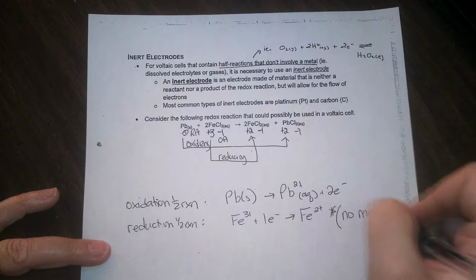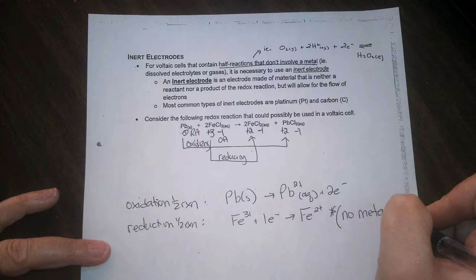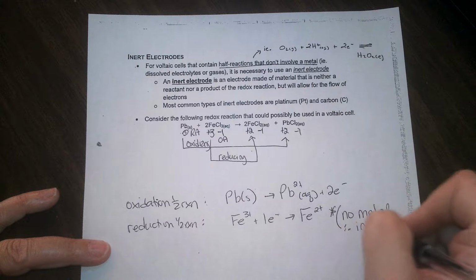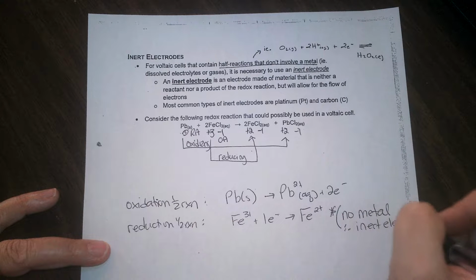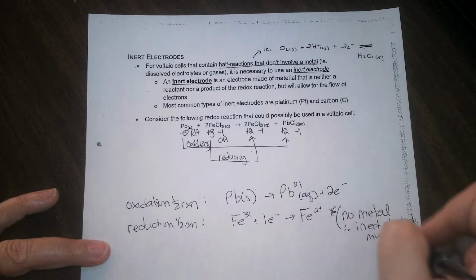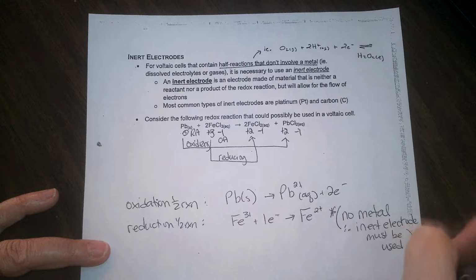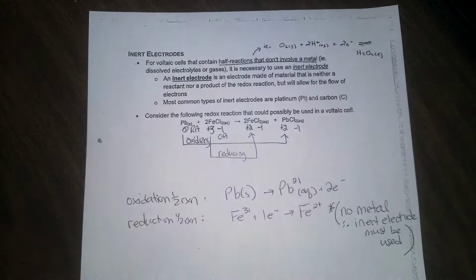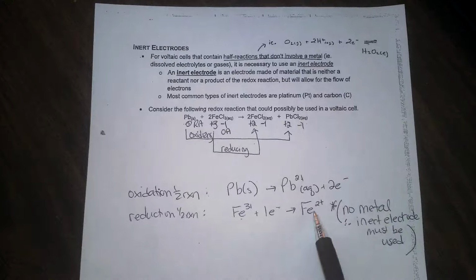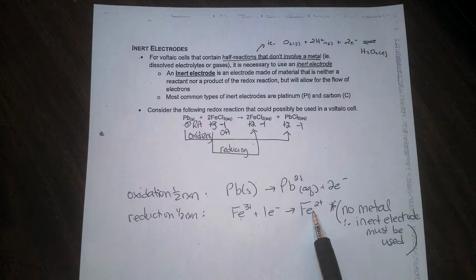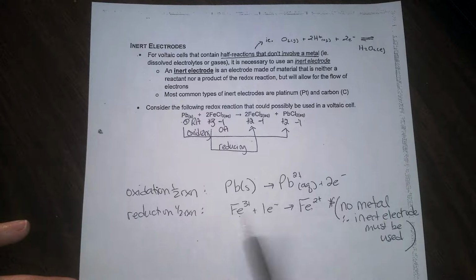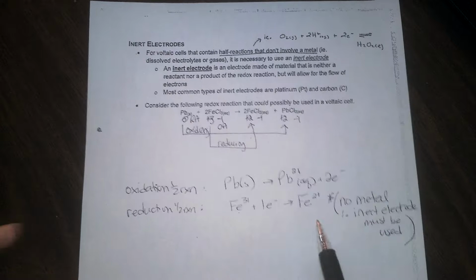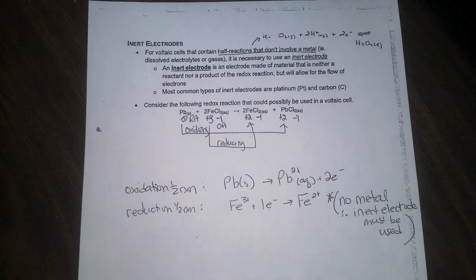There's no metal. So we're going to have to use an inert electrode. There's no metal here. We went iron 3 plus to iron 2 plus. There is no metal produced here. But this is an ion. This is in solution. It's not a solid. There's no metal solid. There's no electrode that's part of this equation.